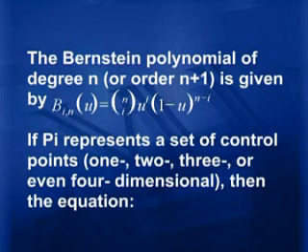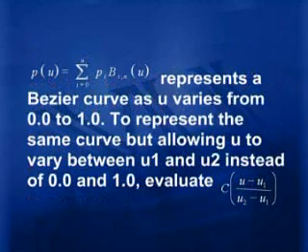Now if p i represents a set of control points, 1, 2, 3 or even 4 dimensional, then the equation p of u equals summation of p i b i comma n of u for i equal to 0 to n represents a Bezier curve as u varies from 0 to 1.